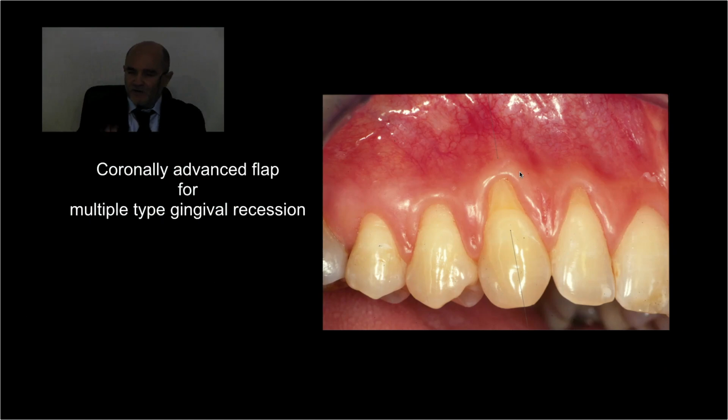So in order to understand how to make this flap design, you always have to start at the level of the canine. And at the level of the canine, you have to measure the gingival recession.